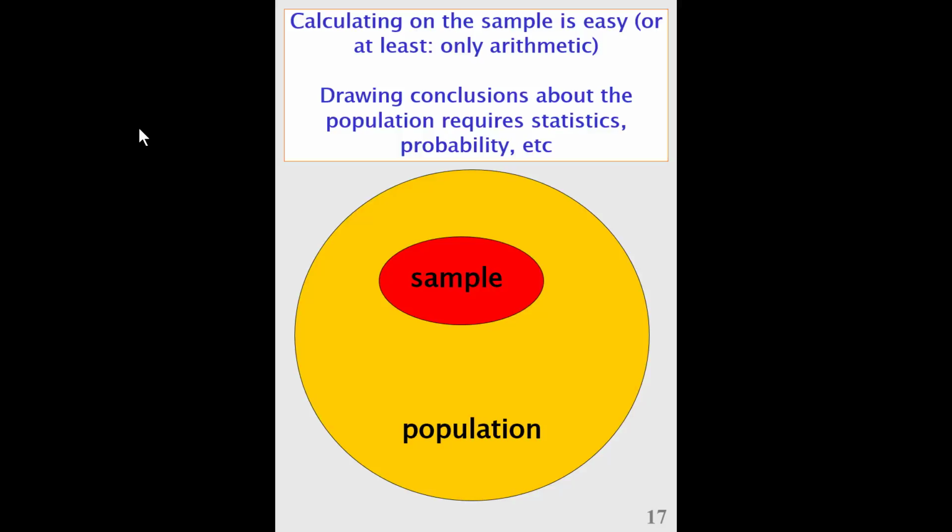You know, just add them all up, and you divide by how many you have. That's easy for the sample, but you want to know something about the population, and this is where the nastiness comes in. So all the stuff that you're about to hear about statistics and probabilities and distributions and who knows what, all that is about the fact that we have to go from the sample to the population. In the sample, everything is easy.